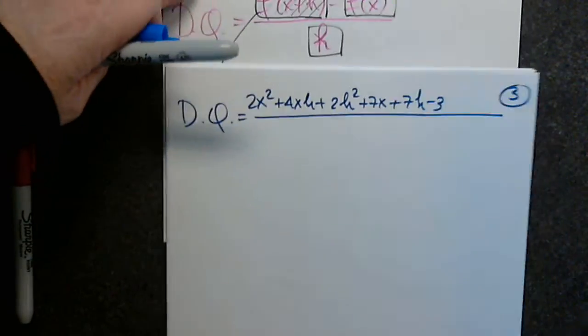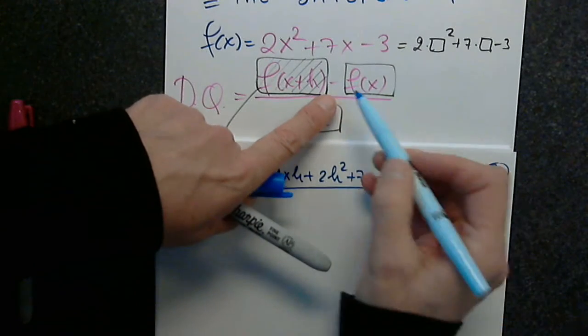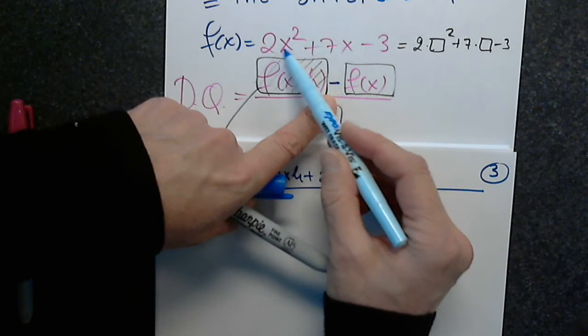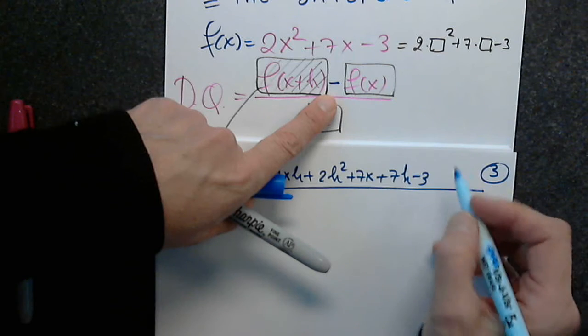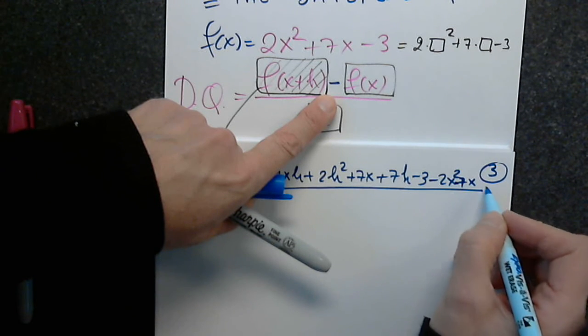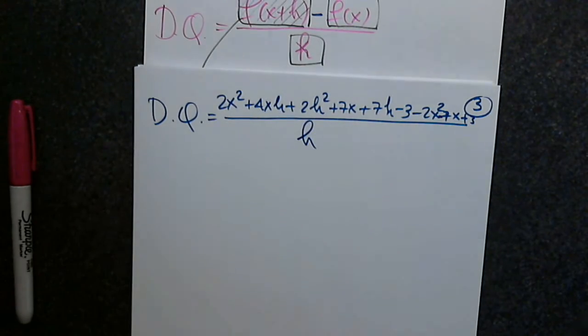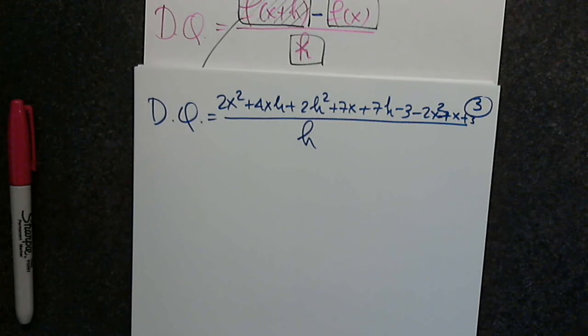This is only this piece. Now the minus changes all symbols that follow into negative: 2x squared minus 7x, this is minus, and plus 3. And the denominator is h. You've seen this before, I think.